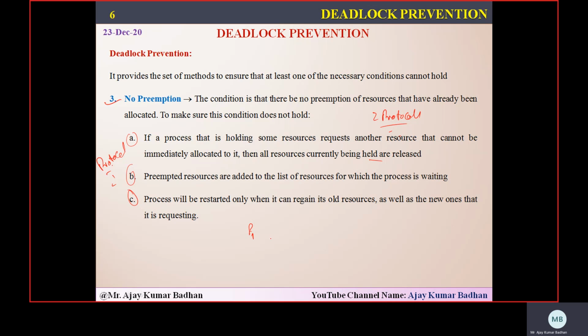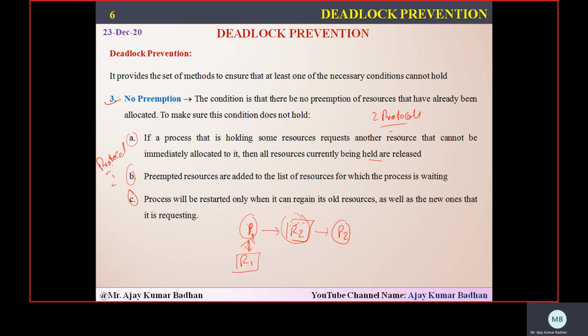For example, we have a process P1. It is requesting R2, but R2 is present with P2, and P1 is holding R1. So what this protocol is saying is, whenever this process requests another resource, if the resource is available, we'll allocate it.